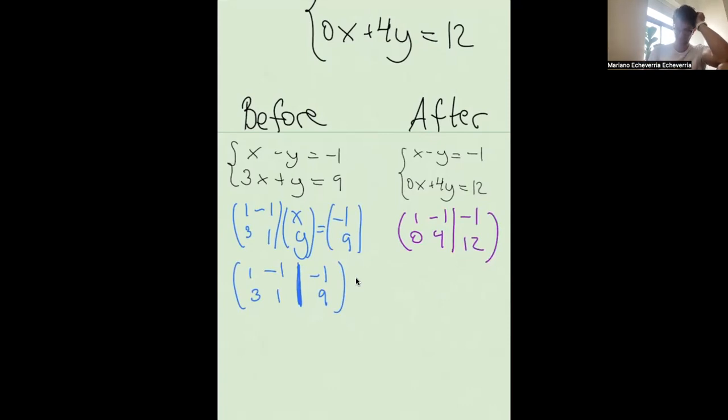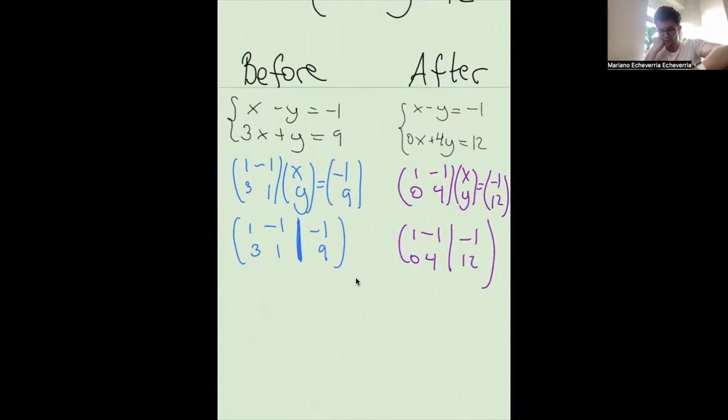Sorry, I wanted to write it first with x or y. But after, with the vertical bar notation, it looks like 1, -1, 0, 4, -1, 12.